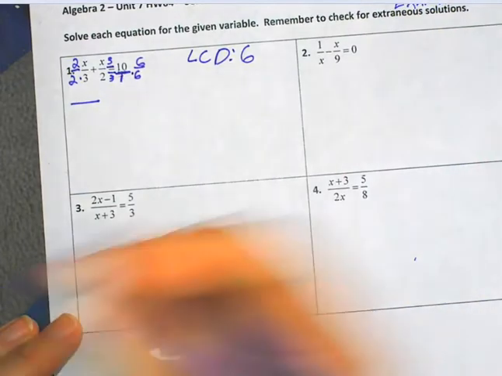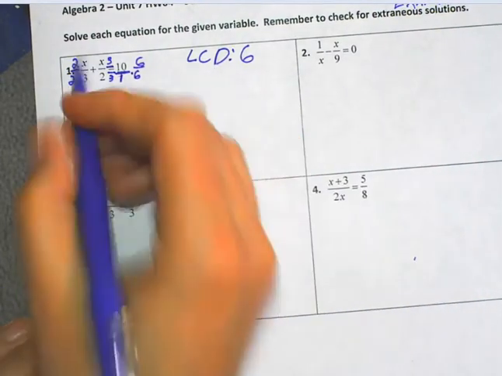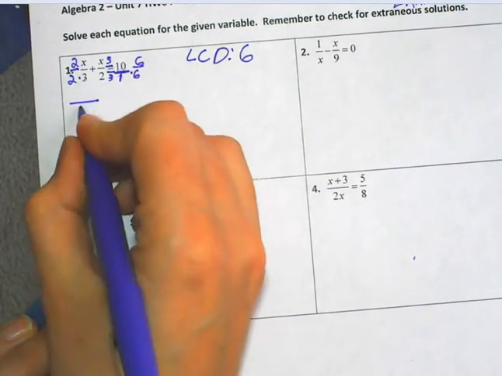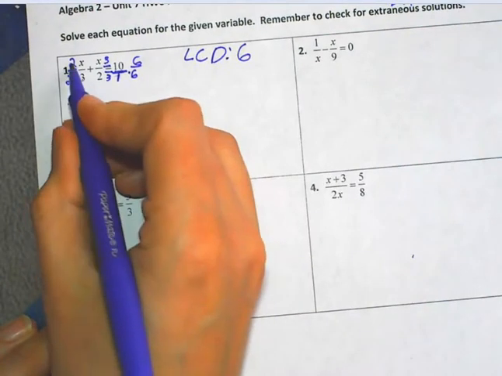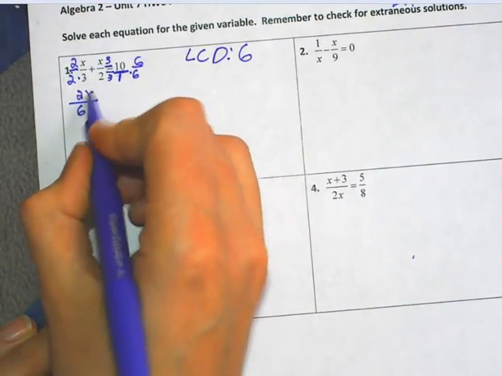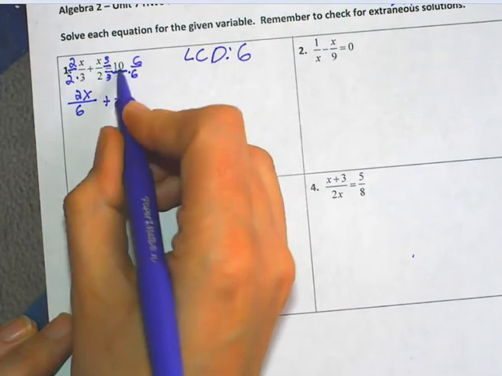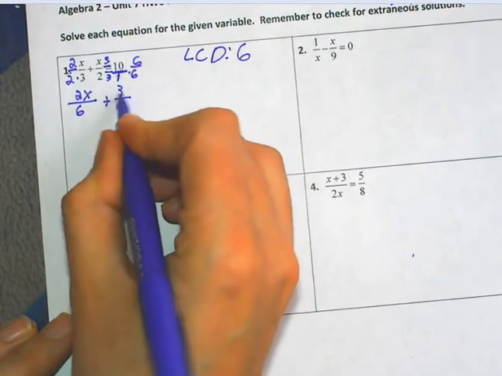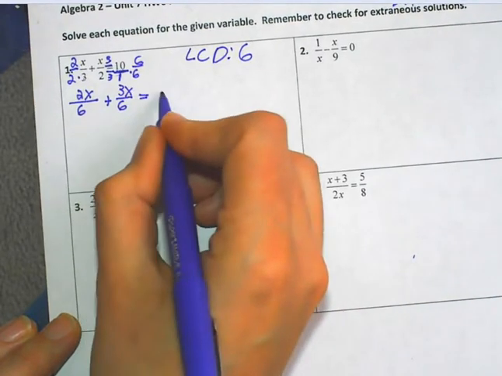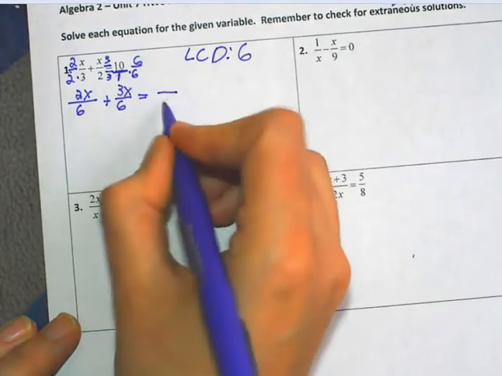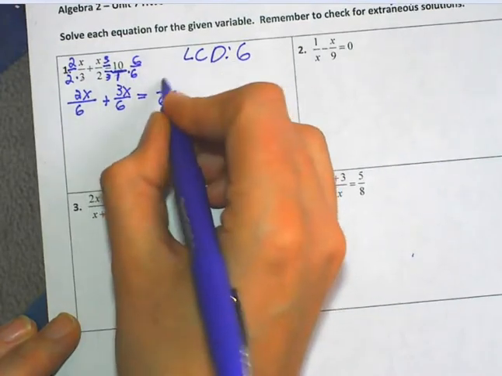Okay. So again, the first step is to find the least common denominator. So I have 3 times 2, which is 6 in my denominator, and 2 times x, which is 2x, plus 2 times 3, which is 6, and then 3 times x, which is 3x, equals 6 times 1 is 6, 6 times 10 is 60.